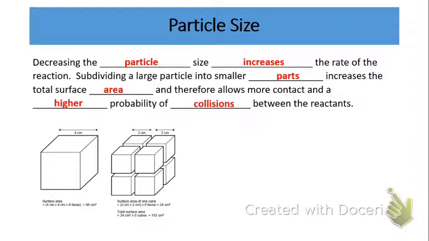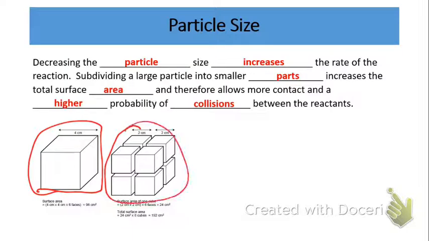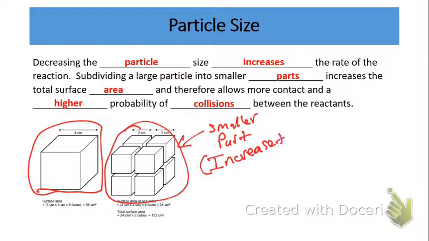Okay, so here we have an illustrated diagram. Here we have a particle, and we're going to take the same particle and break it down into smaller chunks. Now, when we break it down into smaller parts, we're going to increase the surface area for these particles.